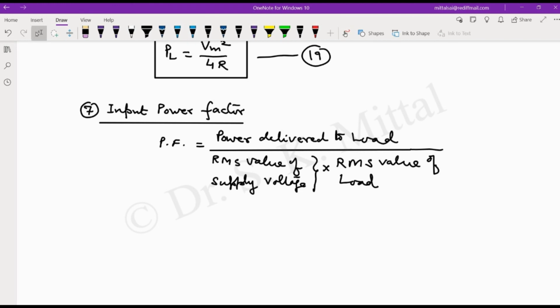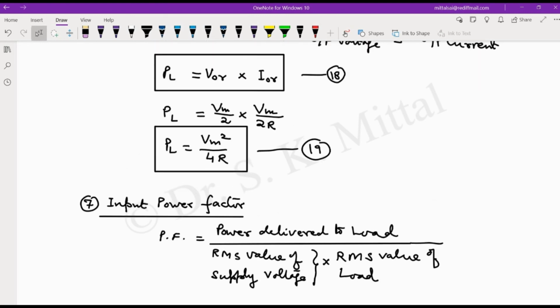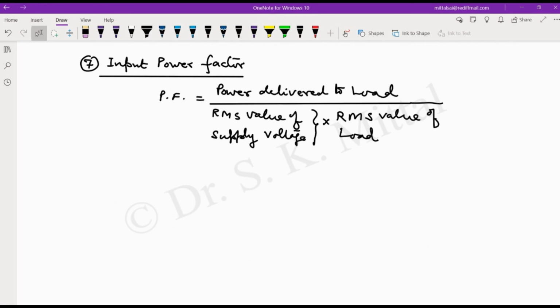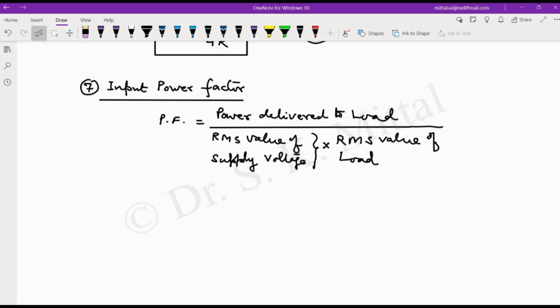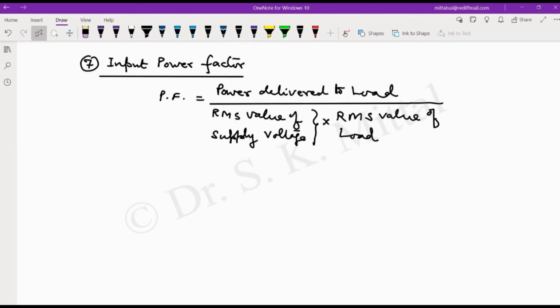Now, power delivered to load we have calculated in equation number 18 and in equation number 19. So suppose I use equation number 19 for power delivered to load. In the numerator it will be Vm square divided by 4R.